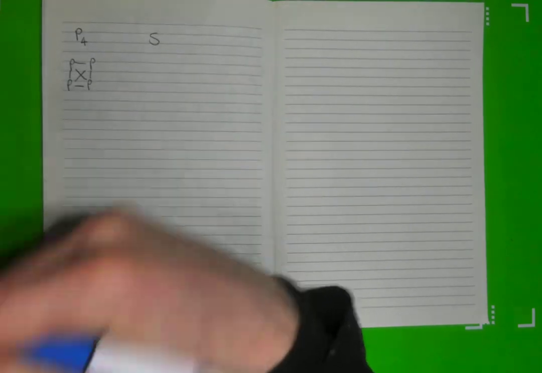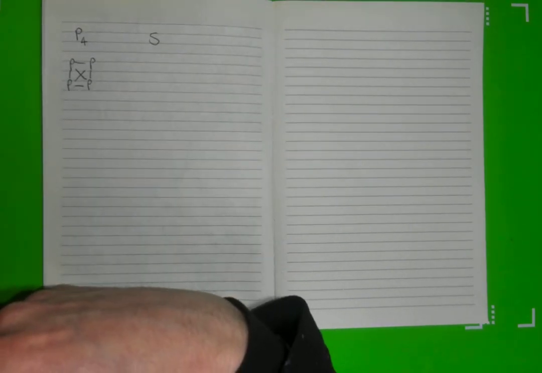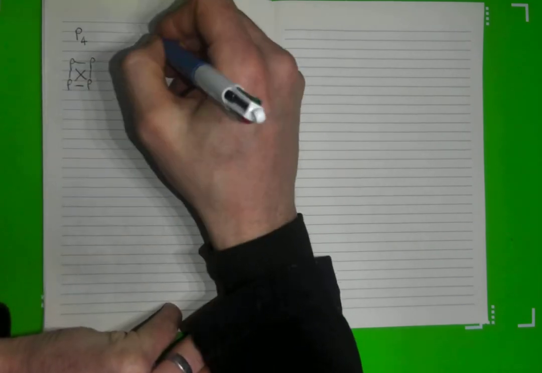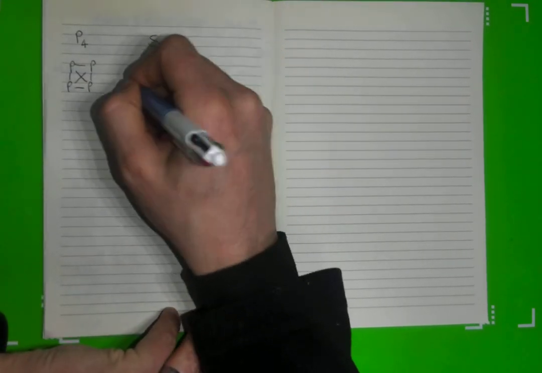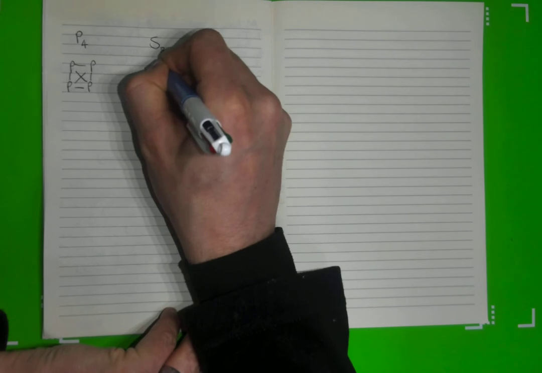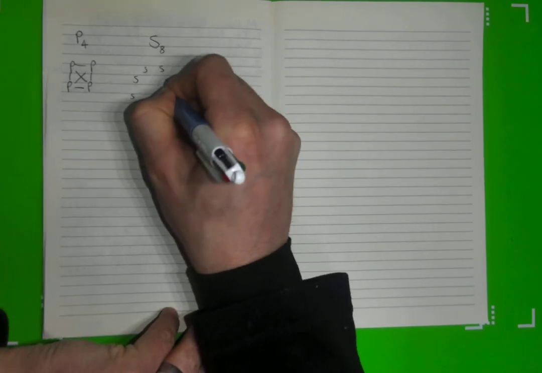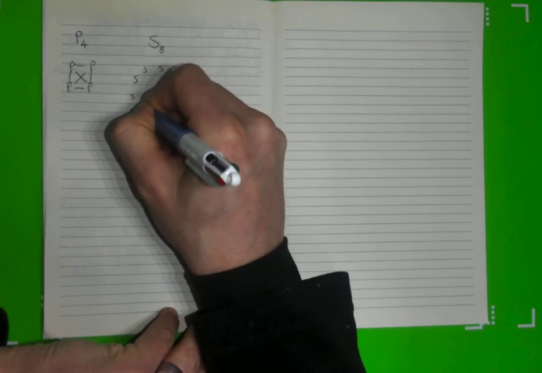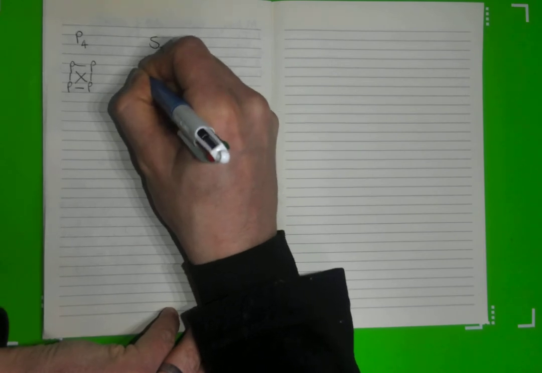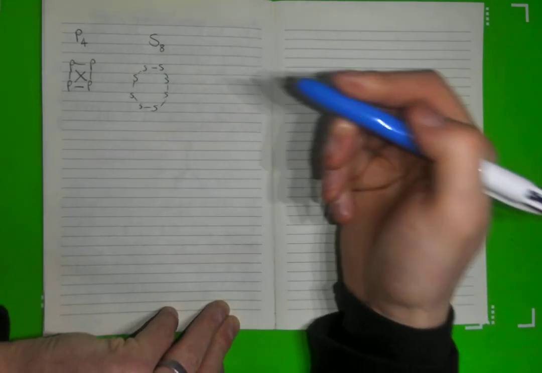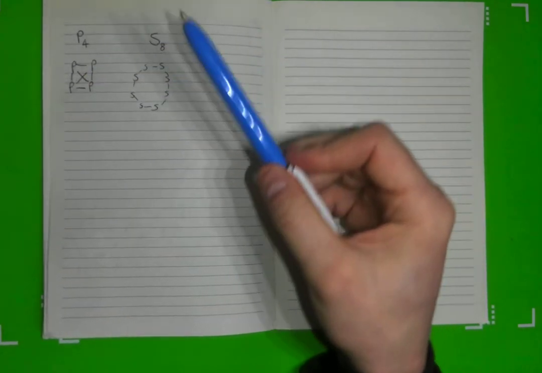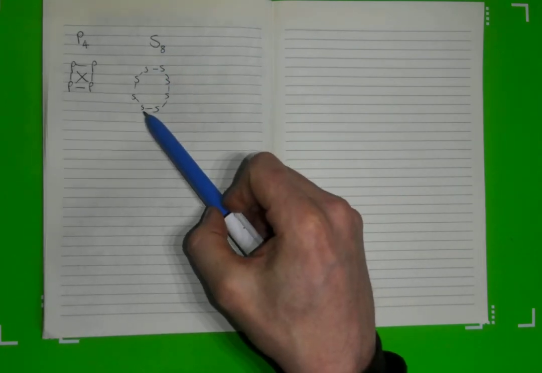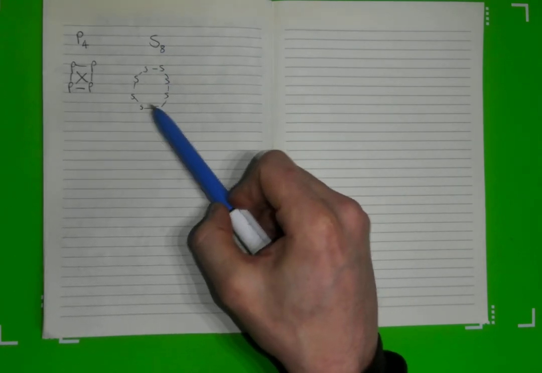Next one is sulfur. Now sulfur is an interesting structure. It actually forms rings of 8 atoms. Rings of 8. And that must be correct because each sulfur atom is bonded to 2 others.